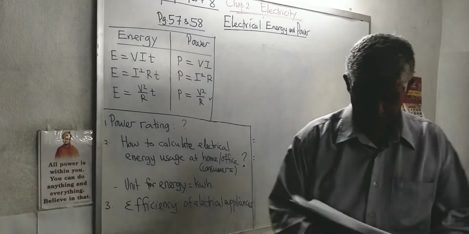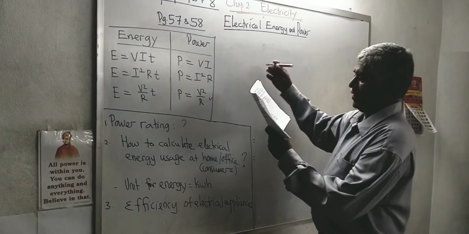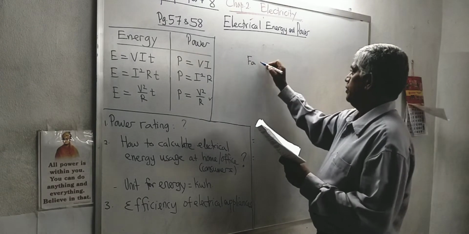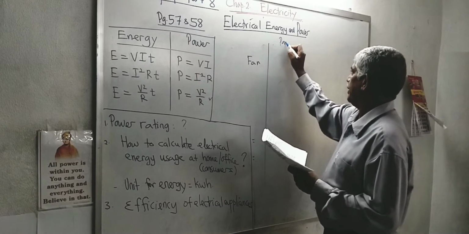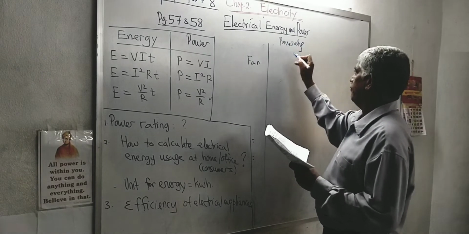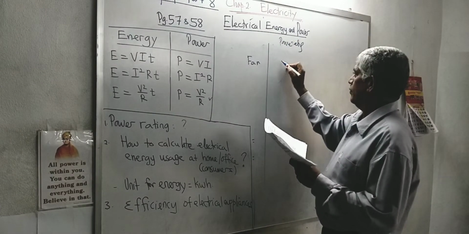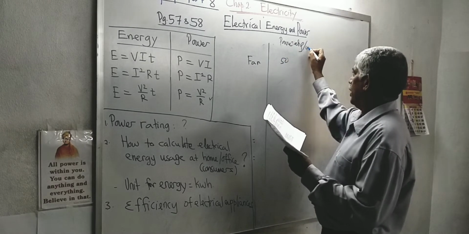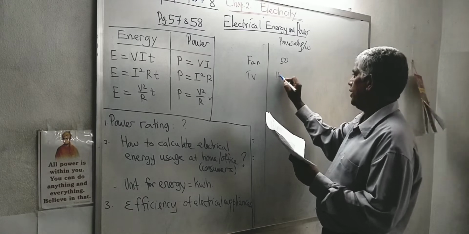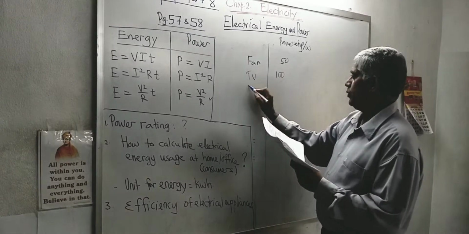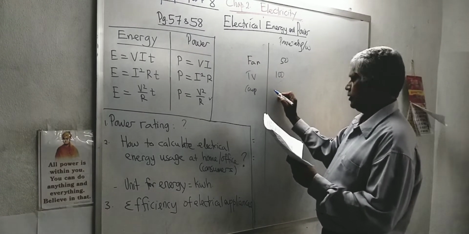Okay. So here they give you, I put it very simple, fan. The power rating of fan is 50 watt. Then television is 100 watt. Computer 200 watt.